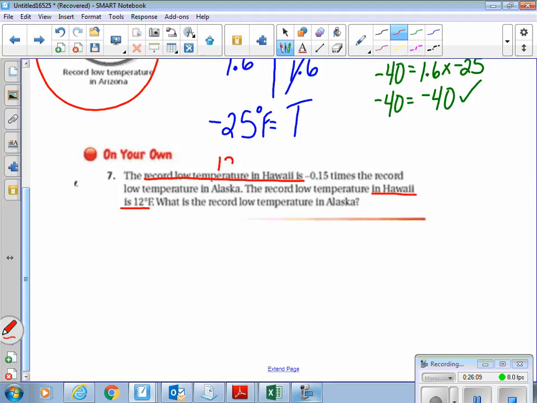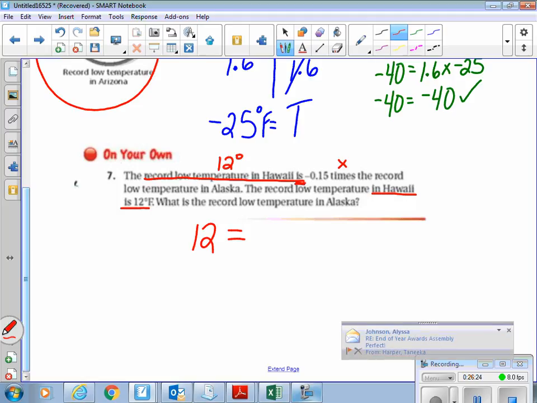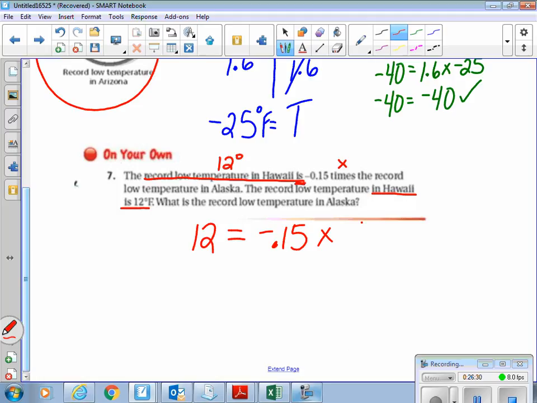So we have 12 degrees is negative 1500 times the record low in Alaska, which we don't know. So your equation should be 12 equals, for the "is", negative 1500 times, which means to multiply, your unknown. Again, we'll call it T since we're talking about temperature.